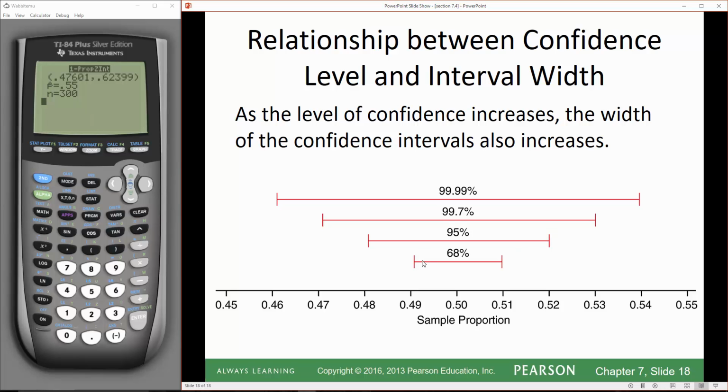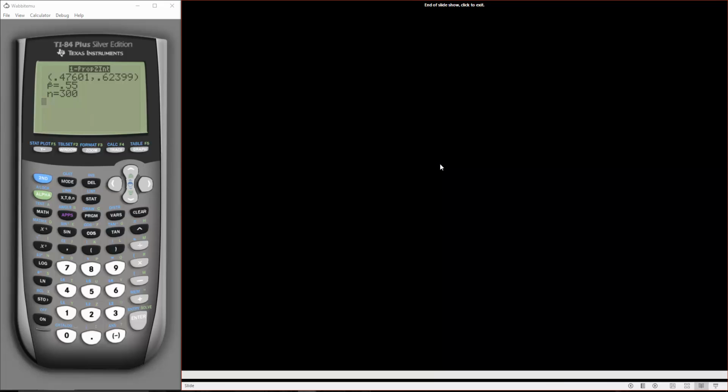So like 68% is smaller than 95% confidence interval, right? 95% confidence interval is smaller than a 99.7% confidence interval. So the higher the percentage of confidence, the wider the confidence interval, right? So that's just a visual to help you understand that relationship, right?